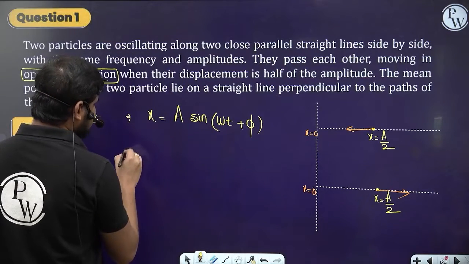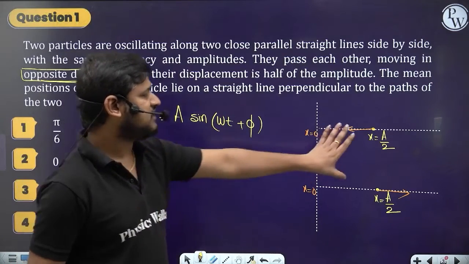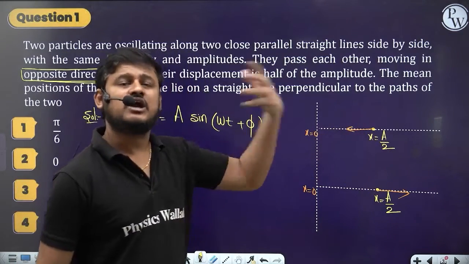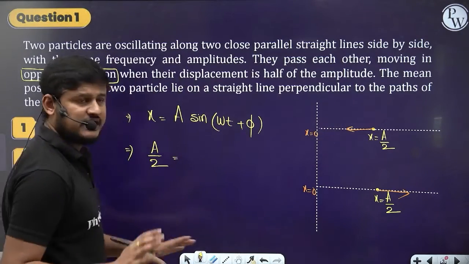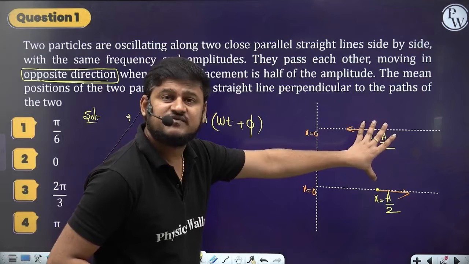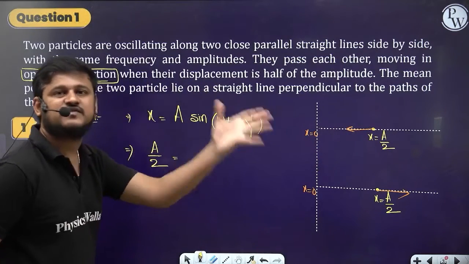Now the displacement x is a by 2 for both the particles. When the displacement is a by 2, we have to find what the phase difference between them is.